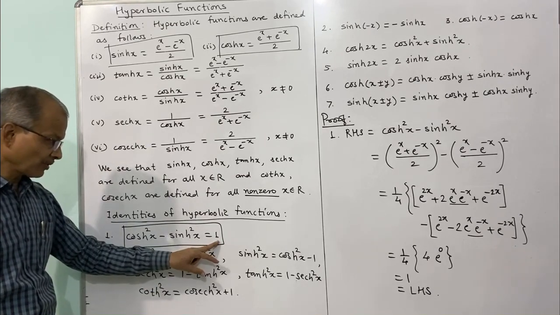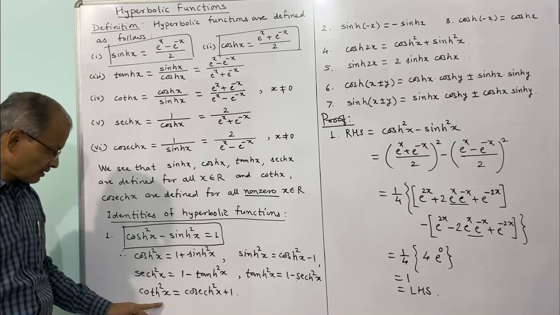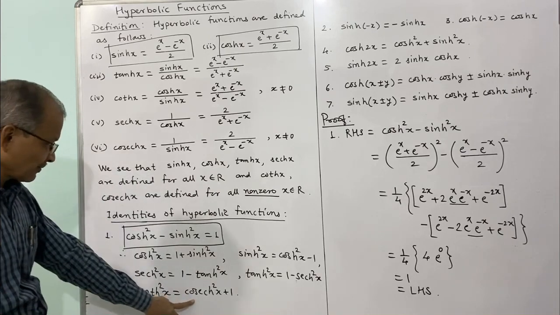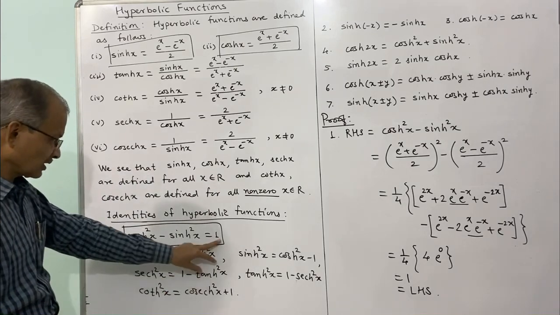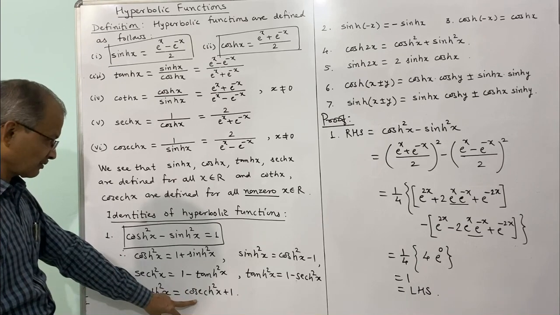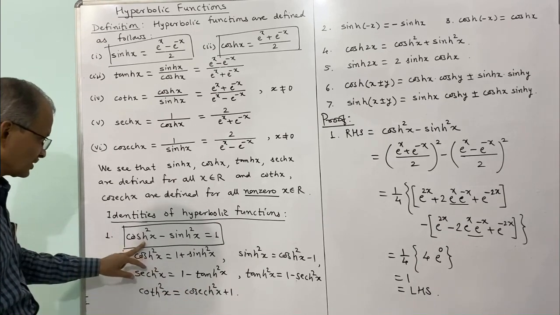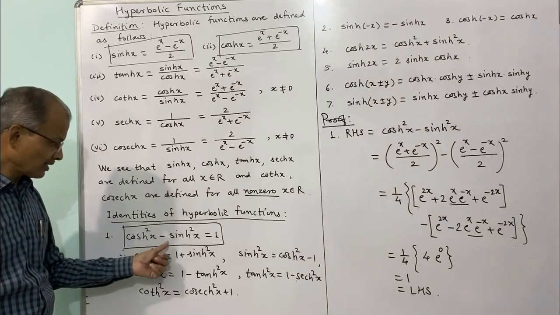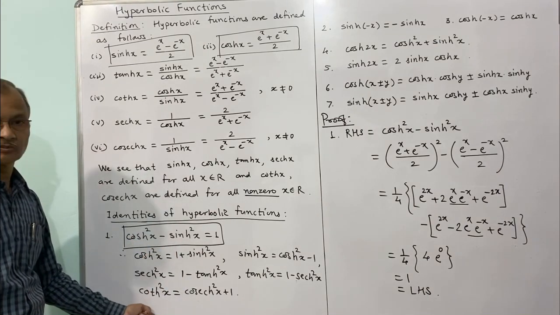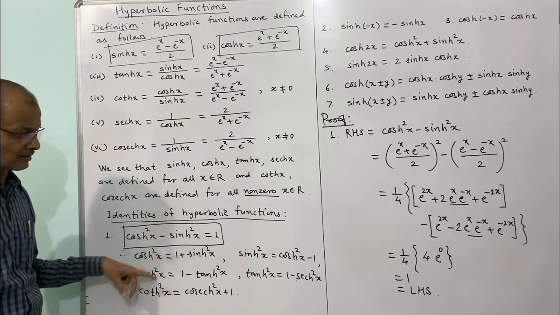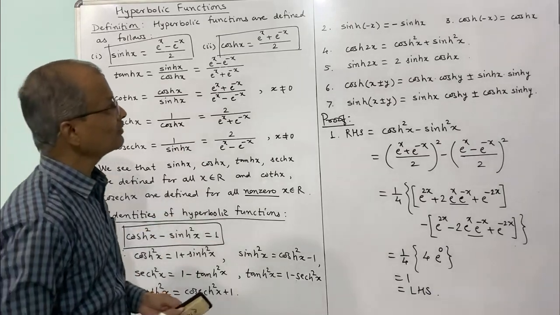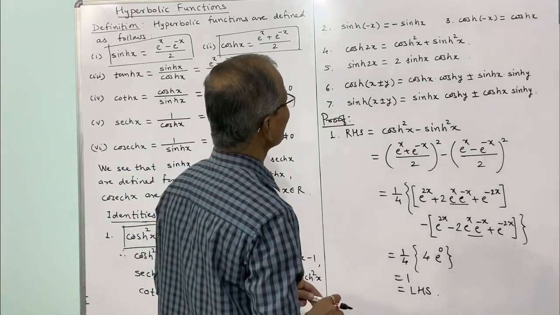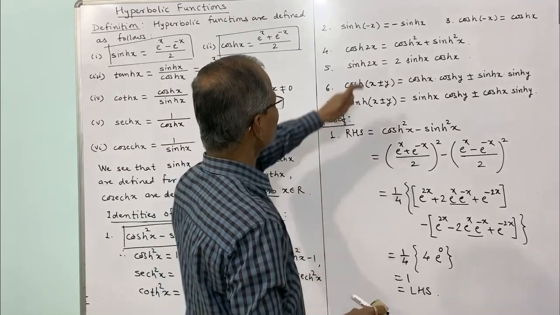So 1 upon hyperbolic sin square x is cosec square x, hyperbolic cosec square x, and this will be hyperbolic cot square x minus 1, and we obtain this formula. You may verify these results.